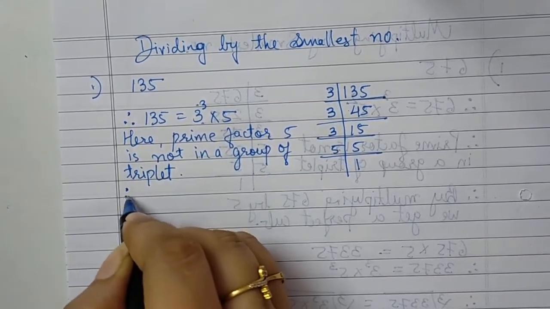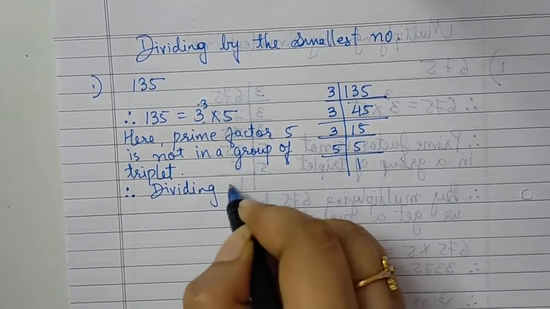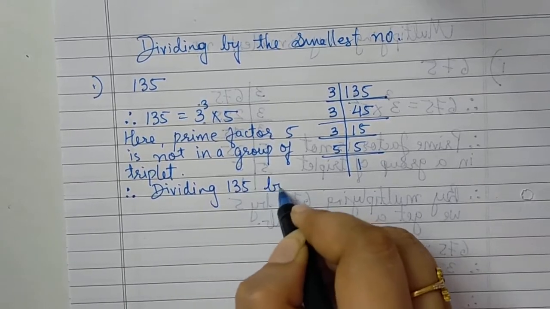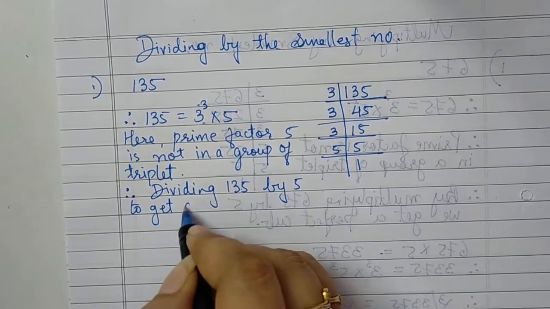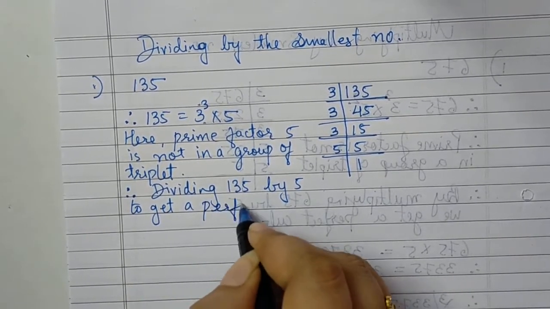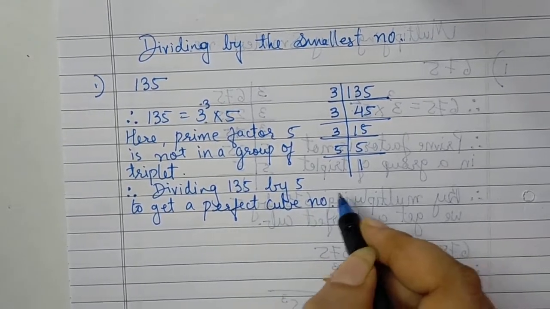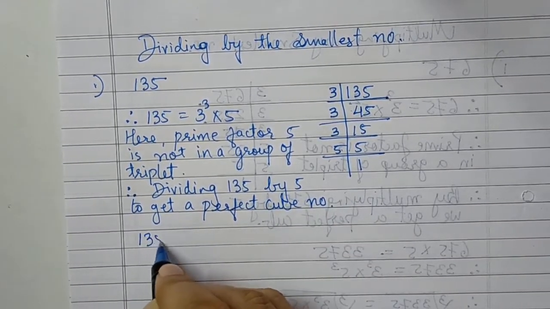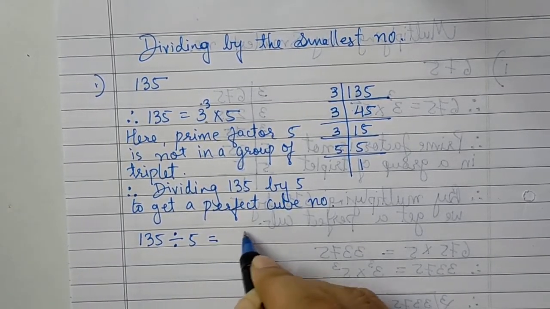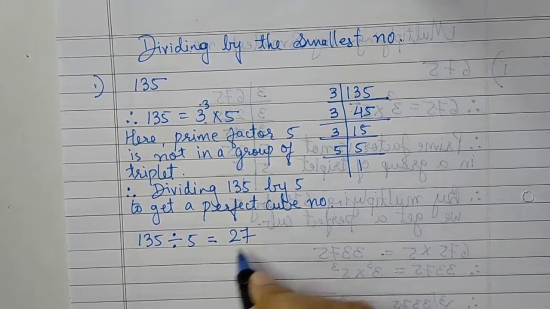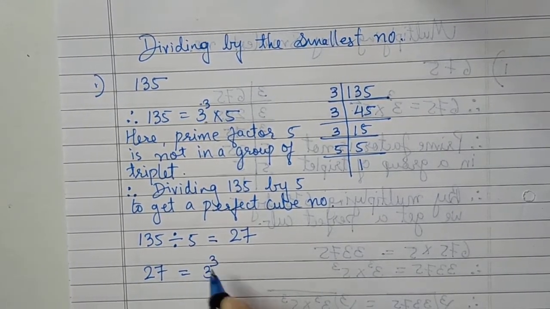Therefore, we have to divide 135 by 5 to get a perfect cube number. So let us divide it. 135 divided by 5, we get 27. And what is 27? 27 is 3 cube.